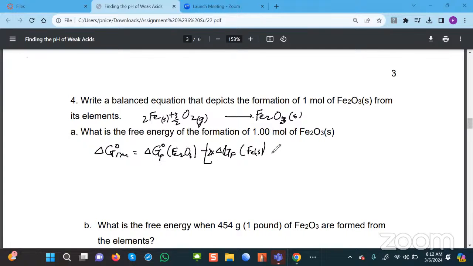And then to that, we're going to add 3/2 times the free energy of formation of O2 gas.